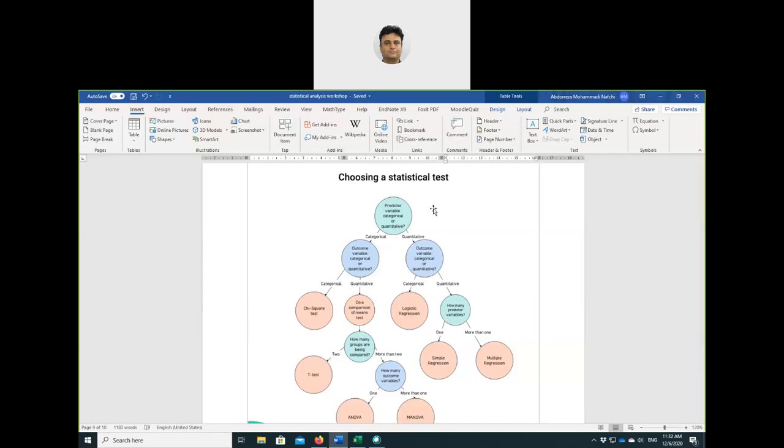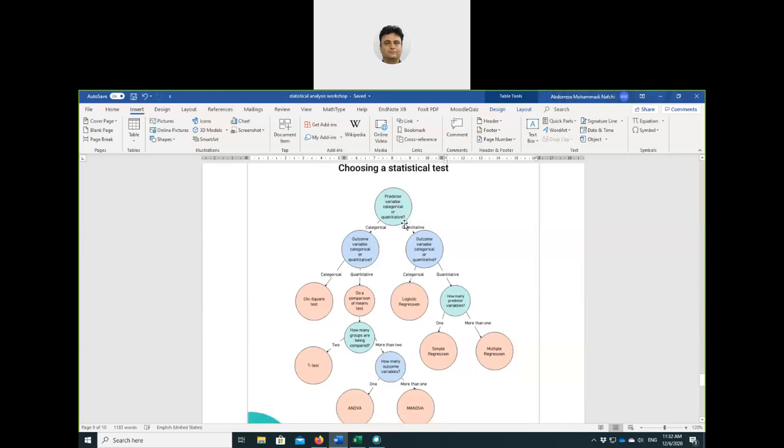But sometimes, if the amount of data is low, we have non-parametric tests, which are different types of tests, and totally different. But regularly for 90% of our samples, we use this flow chart.